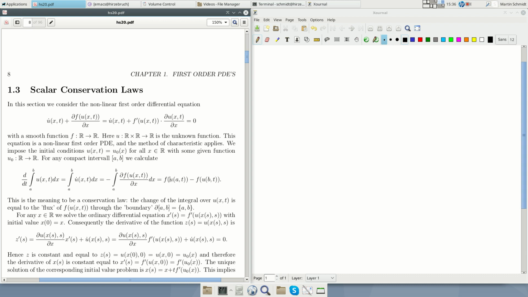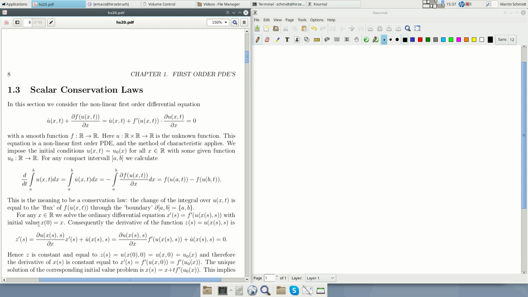So this f represents a flux. The flux through the boundary is this difference. This is the meaning of this conservation law, and we will in general see that there exist similar differential equations in higher dimensions.